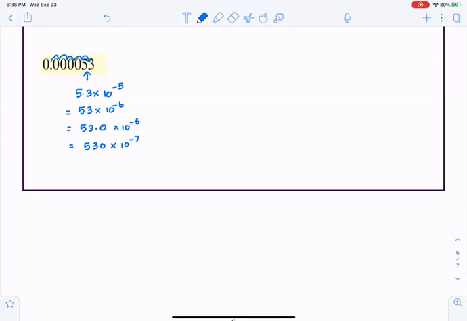So in short, any number can be written as 530 or 530.00000 and so forth, and I can keep on moving the decimal to the right. But each time I move it to the right, I have to decrease the exponent by 1. So exponents are quite important when we deal with scientific notations.